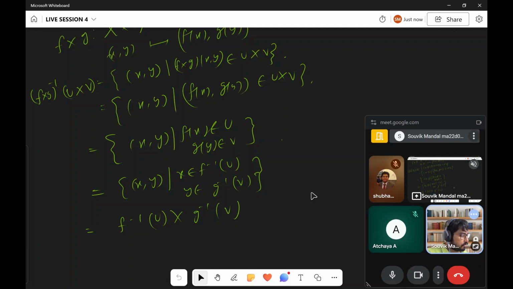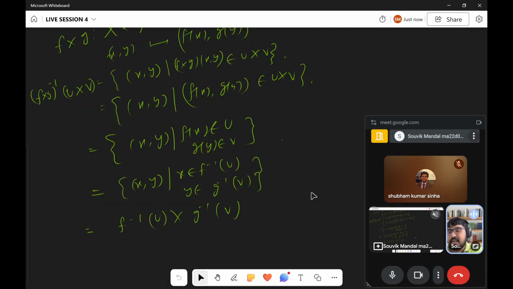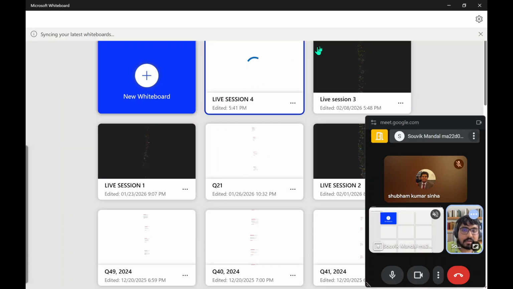Okay. So there is one very tricky problem, which is a use of the pasting lemma. Let me recall what the pasting lemma was telling. Let me open the previous PDF.